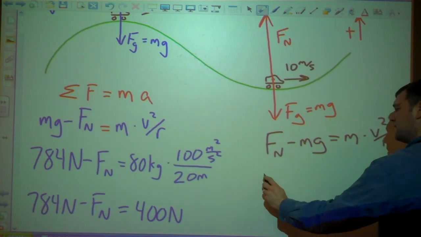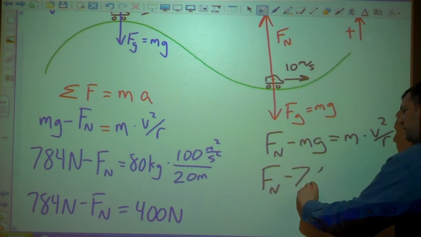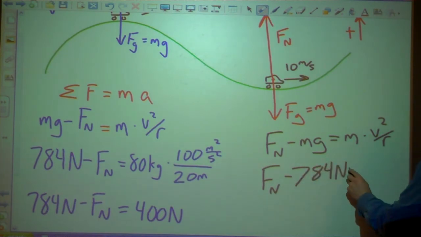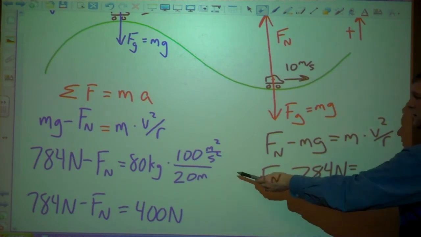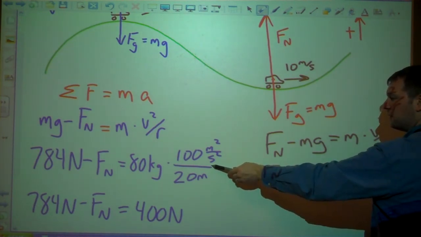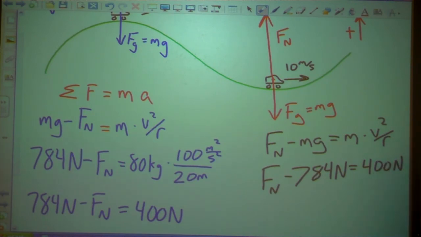Now if I put in these things that I know, normal force is what I'm looking for, the weight is 784 newtons, equals, now it's still a 20-meter radius curve, so I'm still looking at 80 kilograms times 10 meters per second squared divided by 20 meters. It's going to be the exact same numbers as I had on the previous question. And so when I do that, 80 times 10 squared divided by 20, that is going to give me 400 newtons again for my net force.